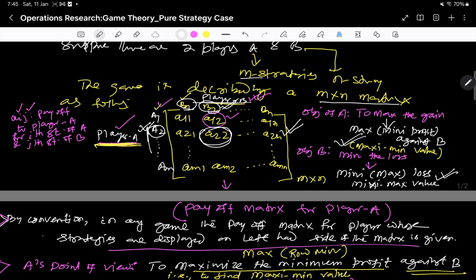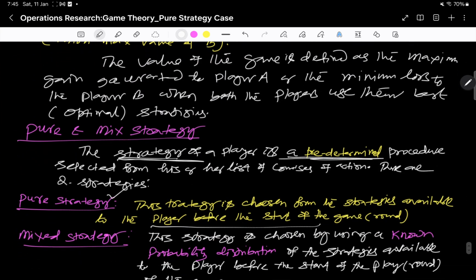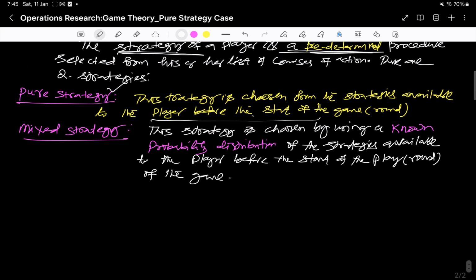And mixed strategy is the probabilistic case. Suppose I say half of A1 and half of A2, or 1/3 of B1 and 2/3 of B2, so that the sum of the probabilities is 1. Once each player chooses a strategy, the game is set to be played.